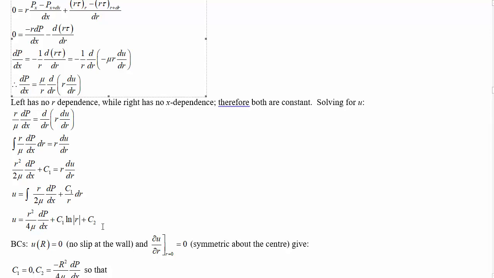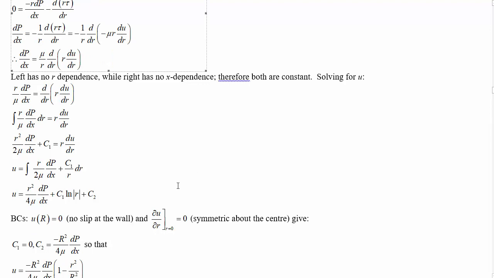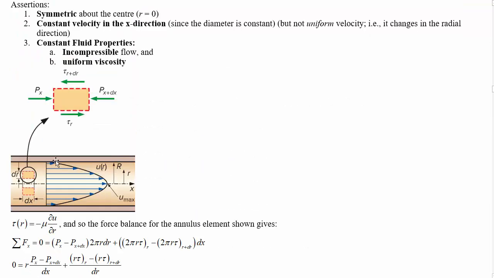The boundary conditions are that the velocity must be 0 at the wall, and the gradient of the velocity must be 0 at the center, because the velocity profile has to be symmetric about the center of the pipe, whatever shape this is.